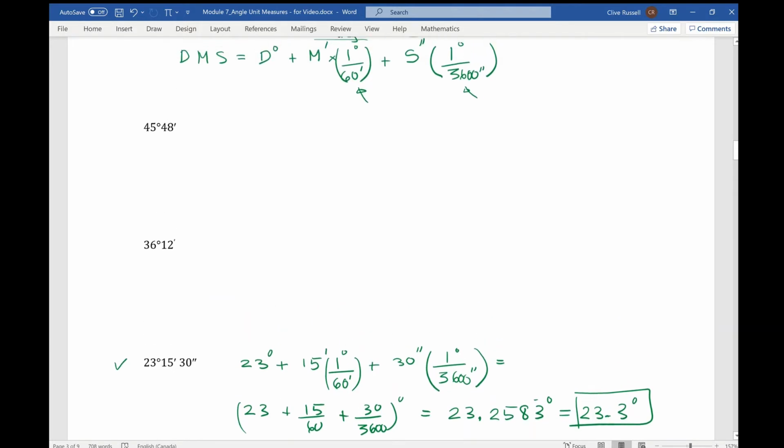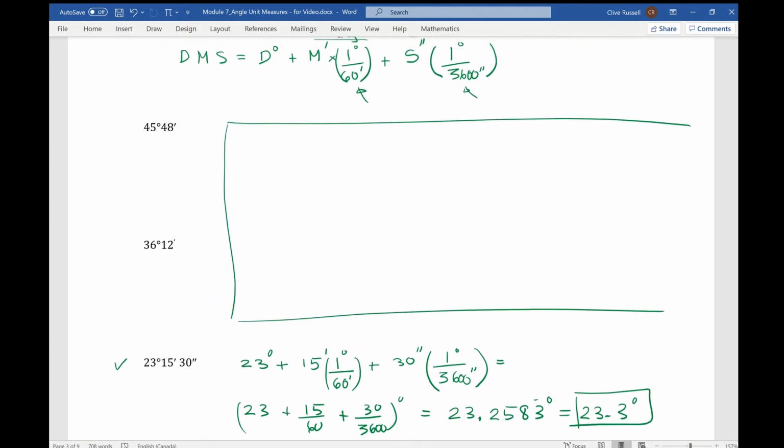Okay, so let me just use this spot here and tell you a little bit about rounding for this part of the course. Now, this is from your textbook.